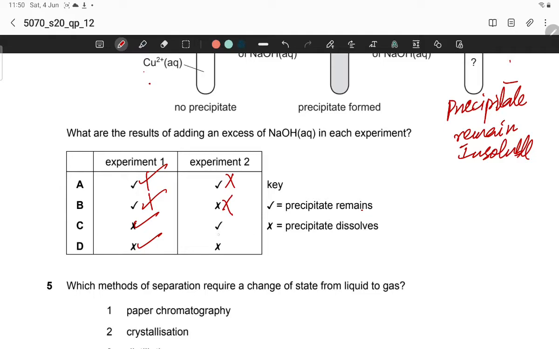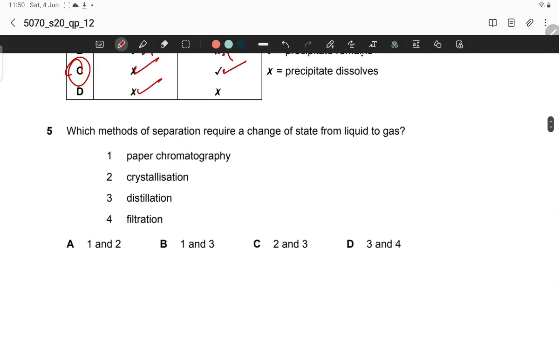Precipitate remains, correct. C option is correct. For experiment 1 precipitate dissolves and experiment 2 precipitate remains. So C is the correct option.